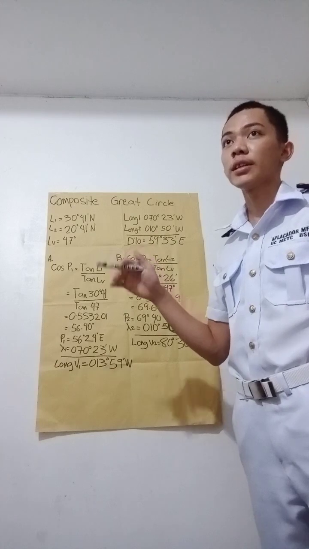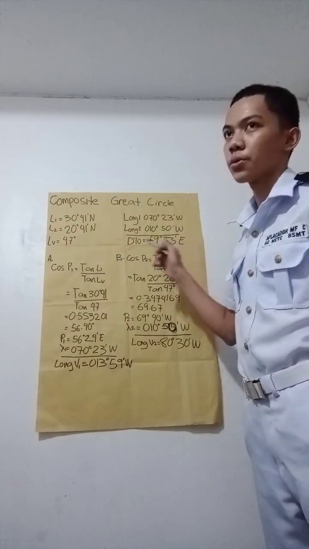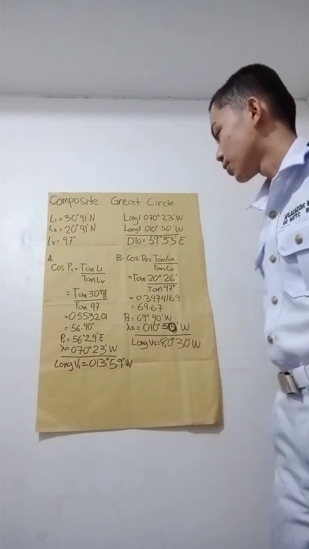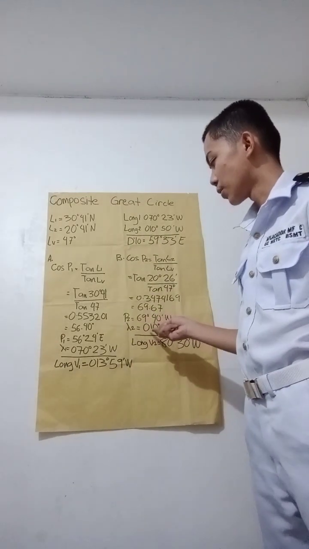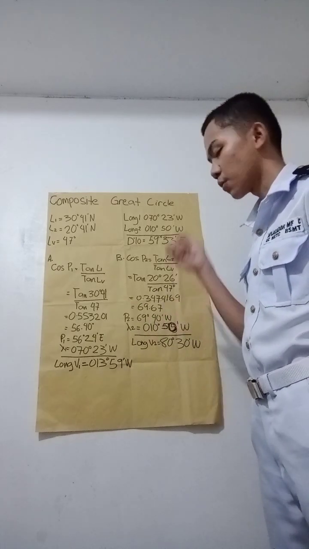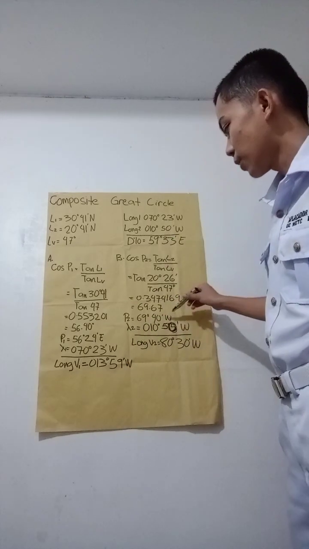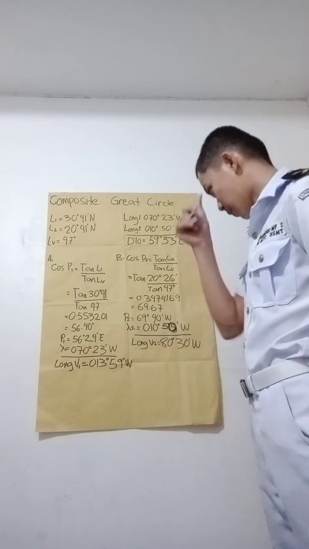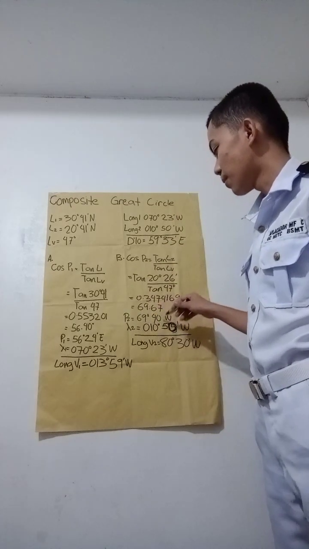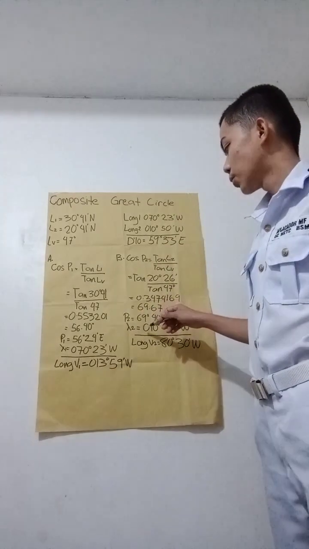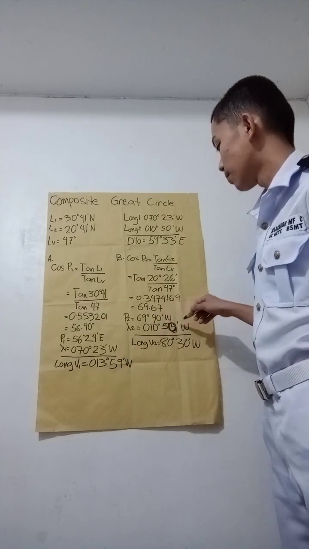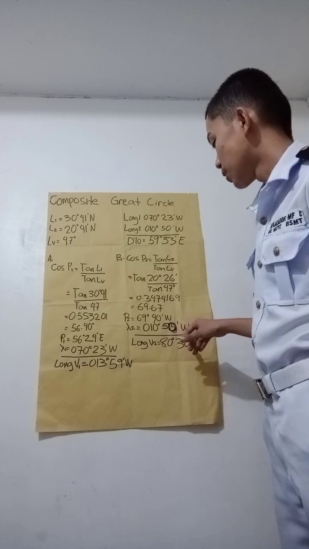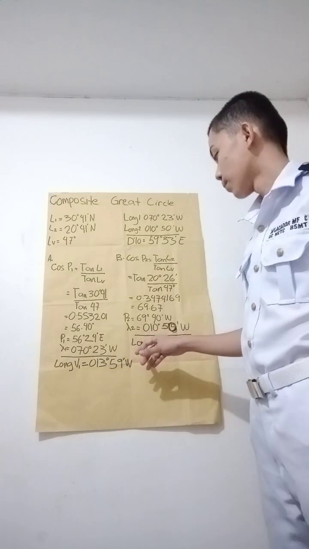So we use the opposite, and the opposite of this is west. That is why we put west here. So our long 2 is 010 degrees 50 minutes west. Since they have the same sign, we add the two. So P2, 69 degrees 40 minutes plus our long 2, 010 degrees 50 minutes, is equal to 80 degrees 30 minutes west. This is now our long V2.